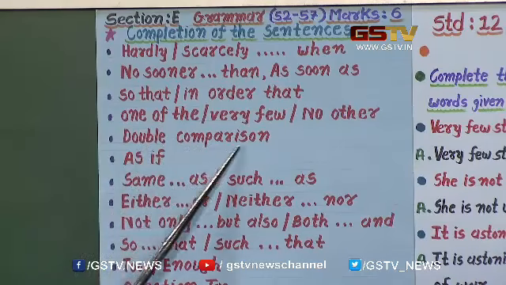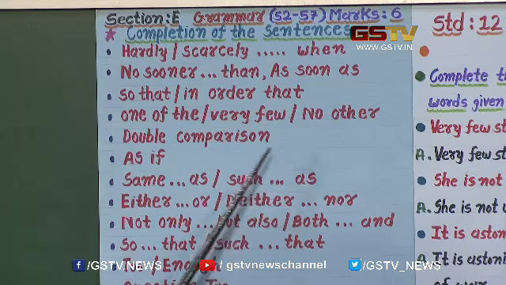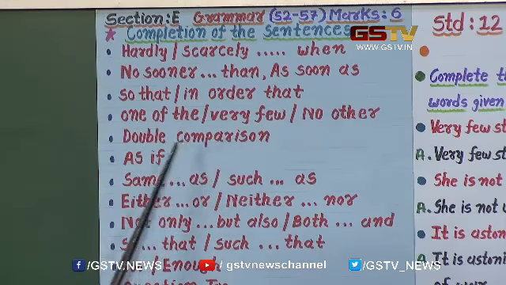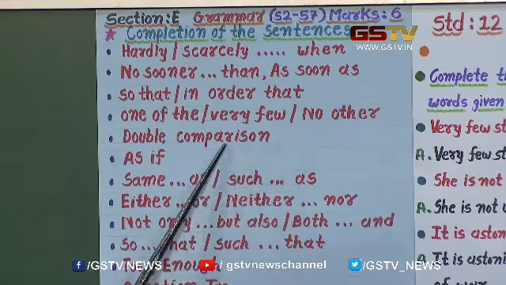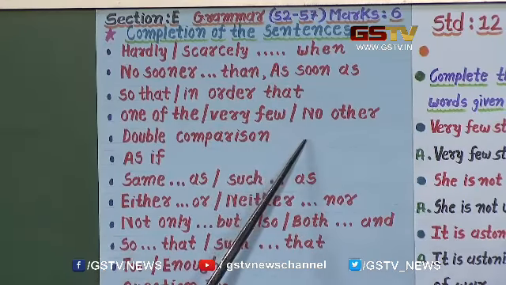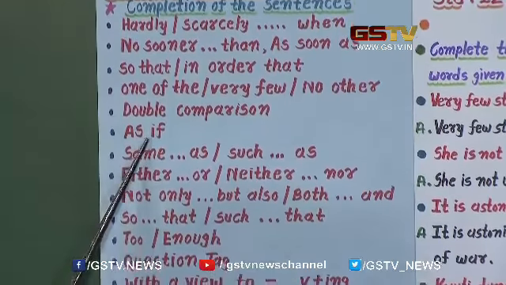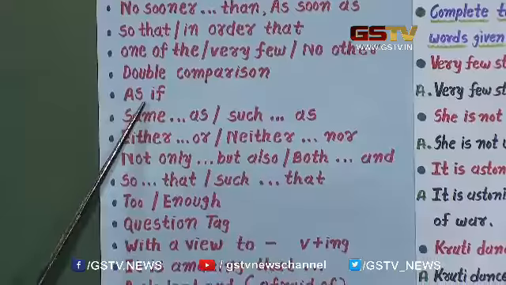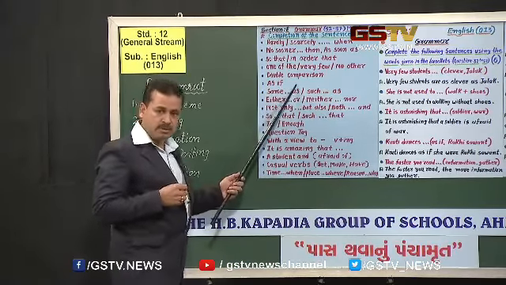Next one is double comparison. The harder you work, the better result you will get. If the sentence starts with the er or the more, then you have to complete that sentence by using the er, I mean to say the more. It is called double comparison. As if is also asked repeatedly, you can check board papers. As if is called supposition clause.